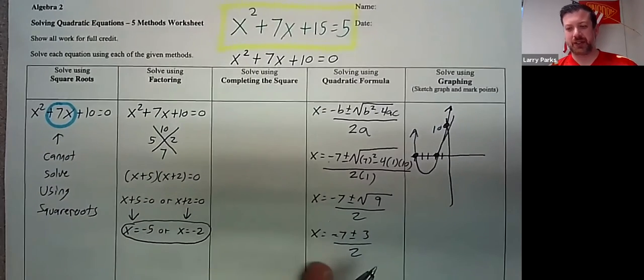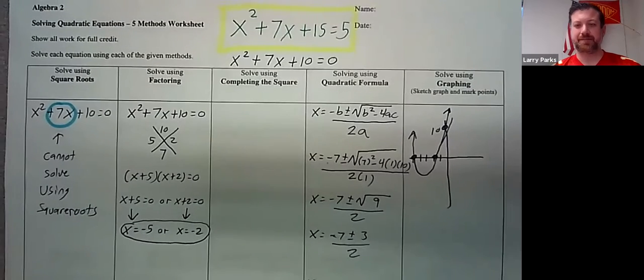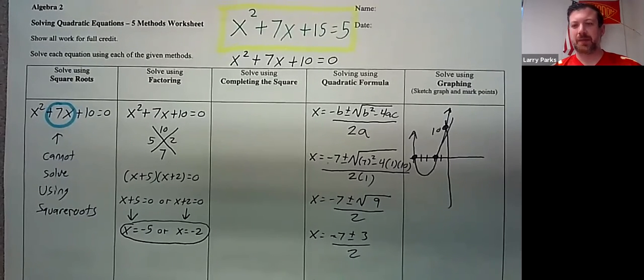Now completing the square, I might come back and show this in a second because I want to show you different problems. Well, actually, I think I remember. We could try it.